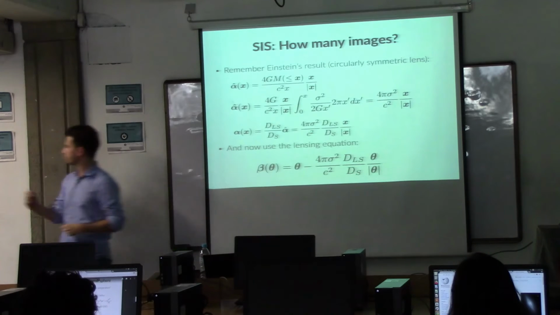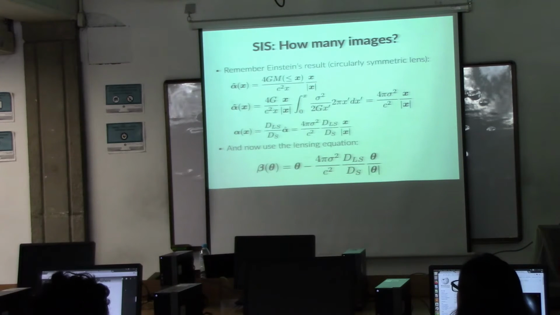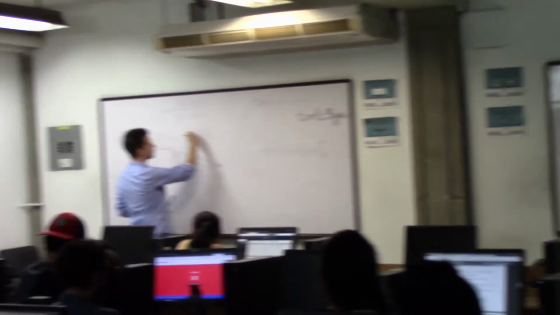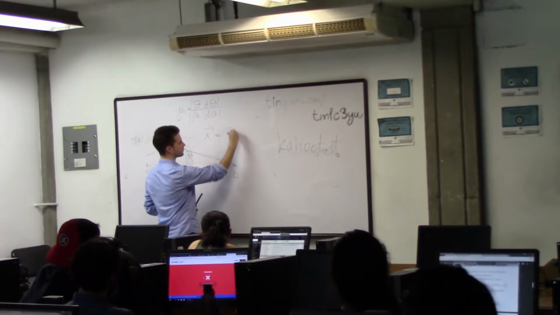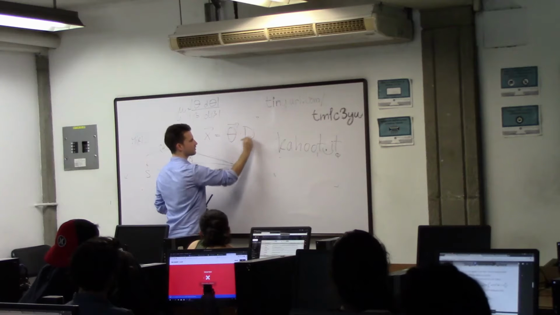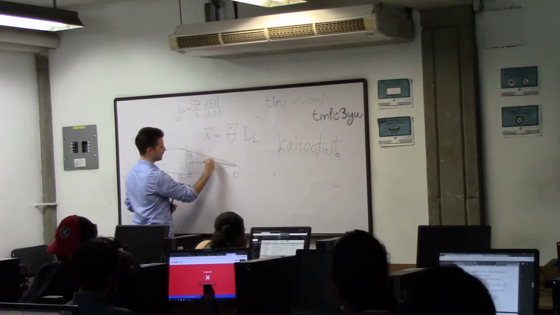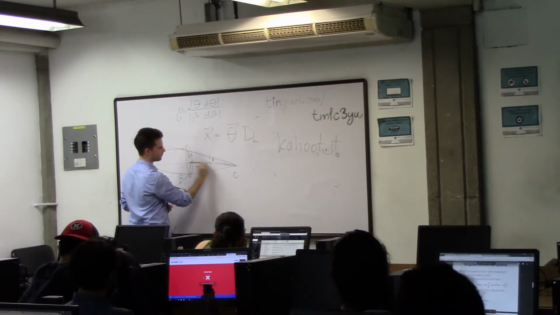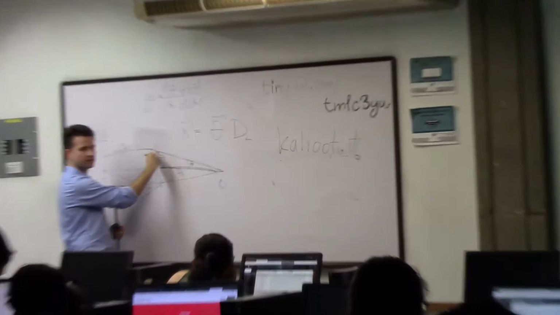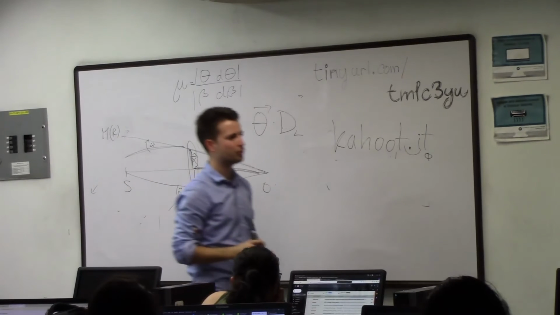And the simple reason for that is that in the small angle approximation, x vector equals theta vector times D_L. This is my theta, this is my D_L, and this gives me this scale.